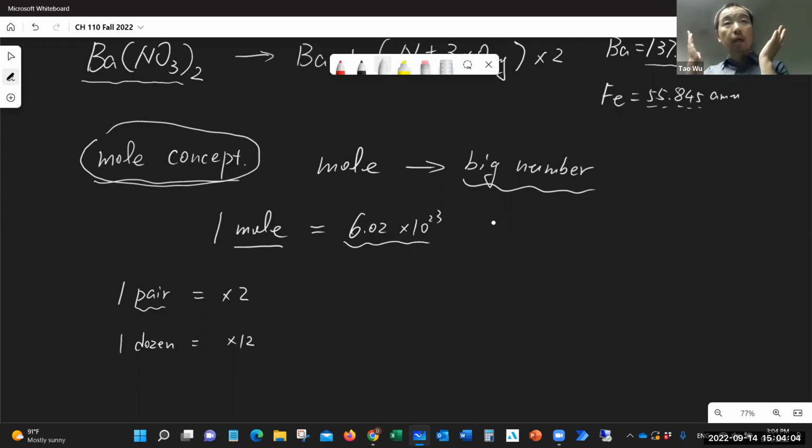Think about it. Just give me some option. What do you think 1 mole of lollipop could be the mass of? The imagination is to give you some idea.